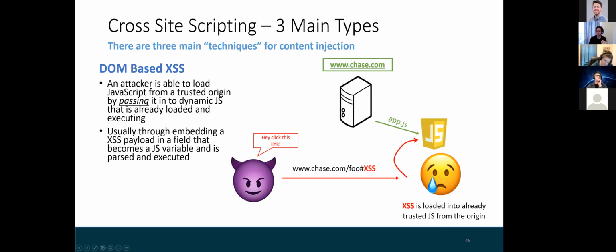So this client-side app in green is already trusted, it's already executing, it already has full access to the origin. There are certain situations where you can send in malicious payloads as part of JavaScript variables. And if the client-side app is misconfigured and executes what's inside the variable content, you can hijack execution flow and take control of the already trusted app.js. That's a simplified explanation, but conceptually, does that one kind of make sense?